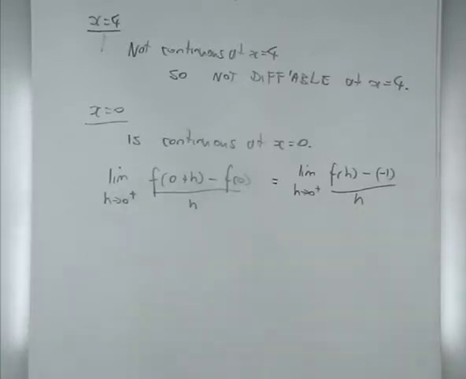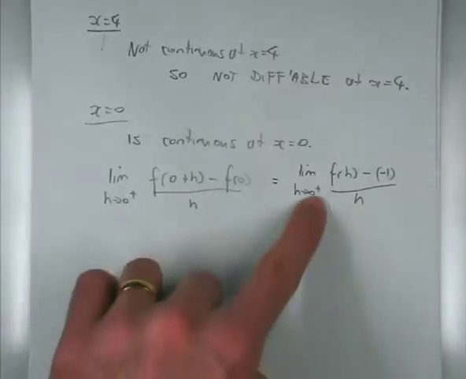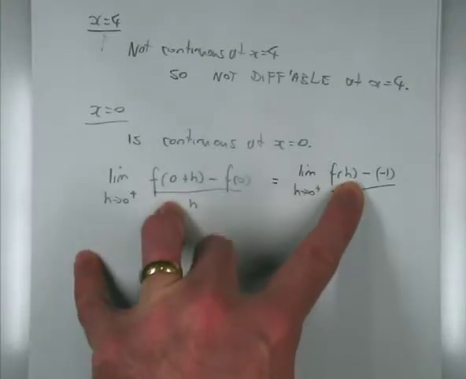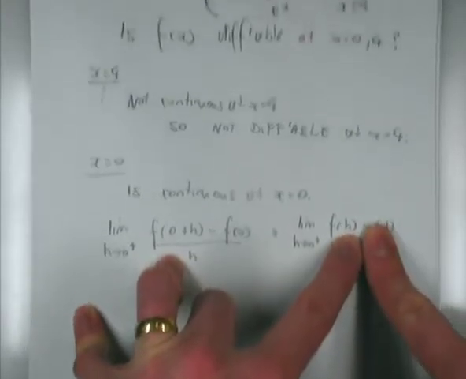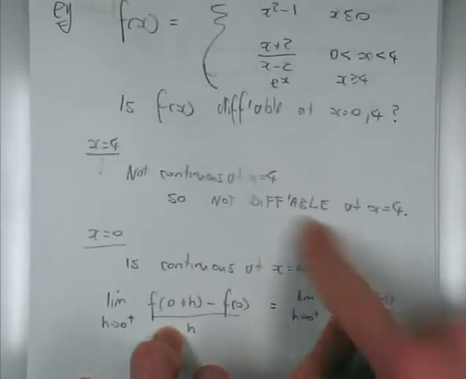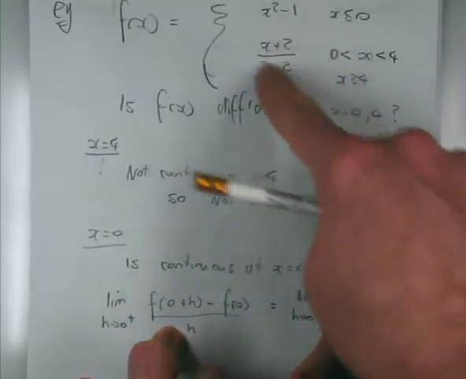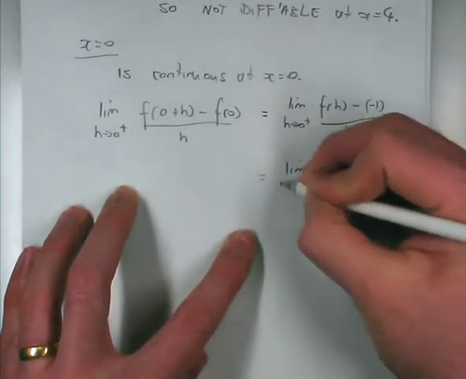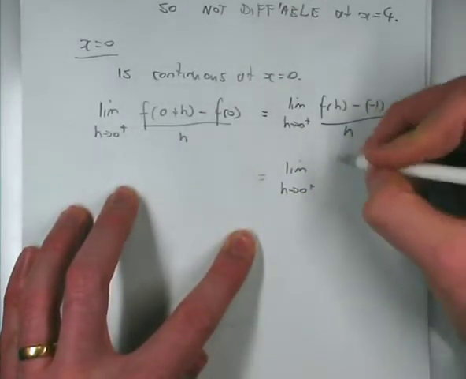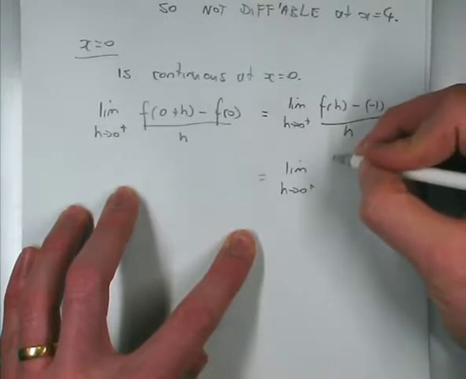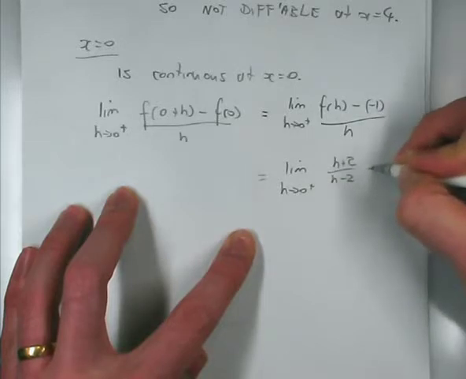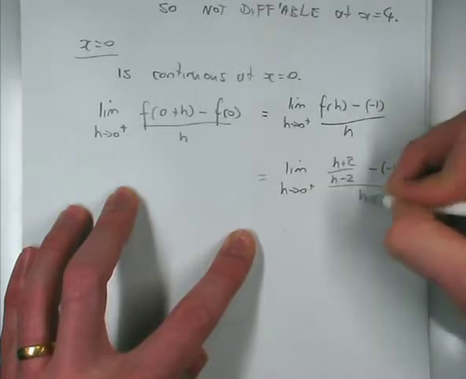Now here's the thing, h is above 0, so I need to know what the formula is. If I'm above 0, the formula for f is this. So what I actually get is the limit as h goes to 0 from above of h plus 2 over h minus 2, minus 1, over h.